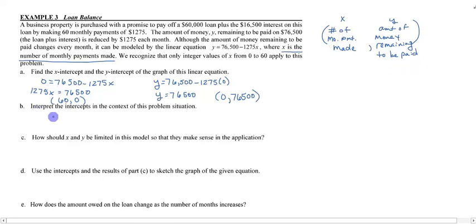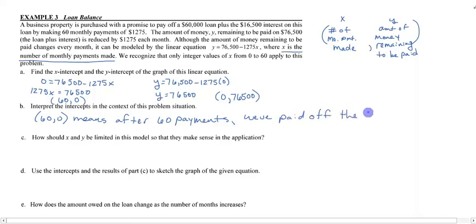So it means that after 60 payments, we've paid off the loan, and interest. It's all at a zero balance.